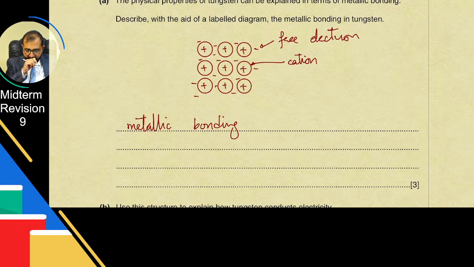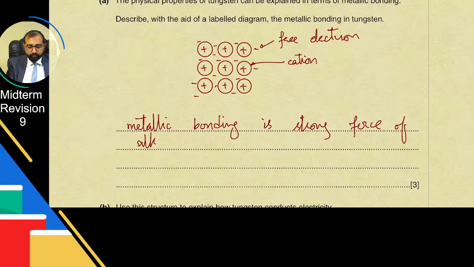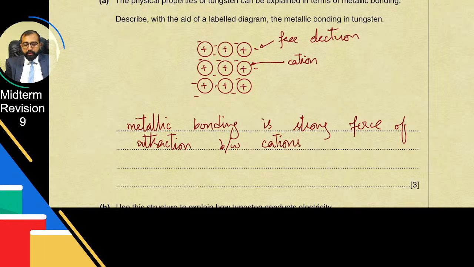So over here we'll say metallic bonding is strong force of attraction between, now it's important to mention one positive thing and one negative thing. So the positive thing over here is cations and the negative thing over here is free electrons, and as long as you mention all of that, you are good to go.